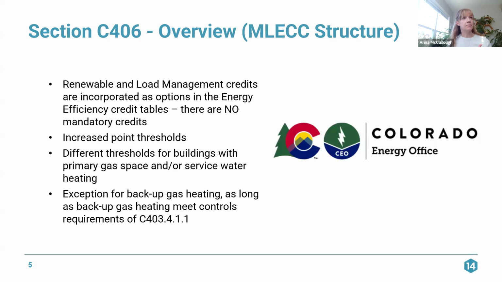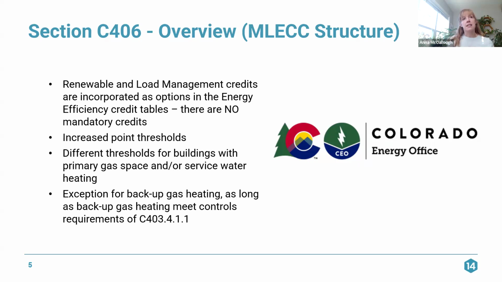So a really common system type we see in schools are heat pump rooftop units with backup gas heat rather than electric resistance heat. You can use that reduced threshold because you have primary electric heating.